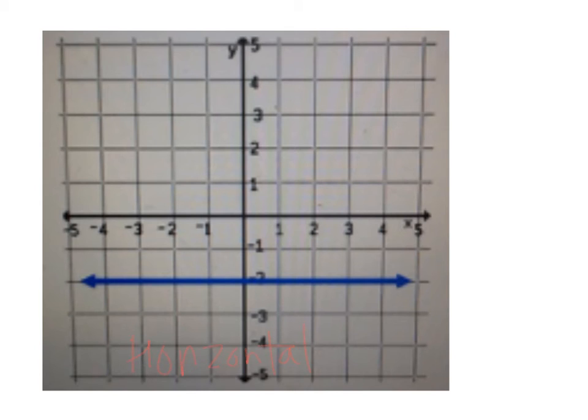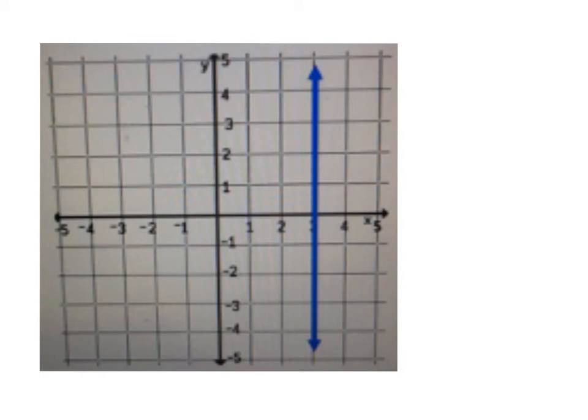If I put a dot here and here, you don't go up any at all, but you do go 1 to the right. So what you would have is 0 divided by 1. Well, we all know that 0 divided by anything remains 0. So all horizontal lines every single time have a slope of 0.